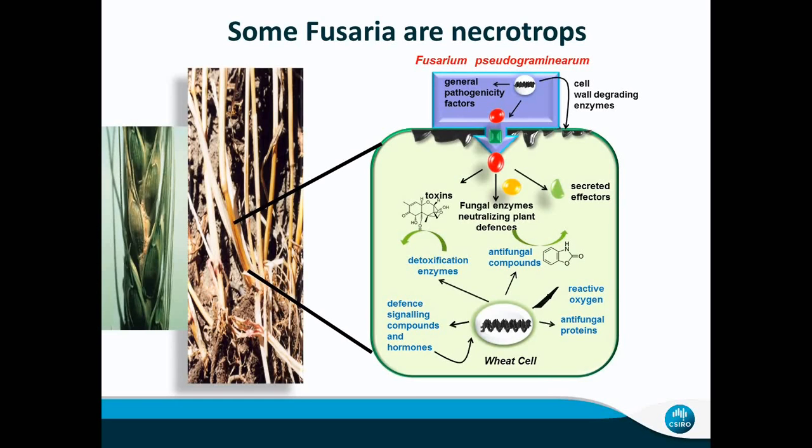Even if the plant has some defense, it's a constant battle between plant defenses that try to inhibit pathogen development and the pathogen trying to overcome them. Necrotrophic pathogens cause necrosis, as the name suggests. As you can see in this crown rot situation, there is a necrotic lesion at the base of the stem. In head blight, wheat heads are infected, and as you can see here, the necrosis starts developing.